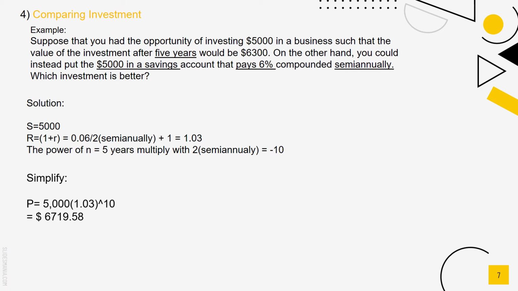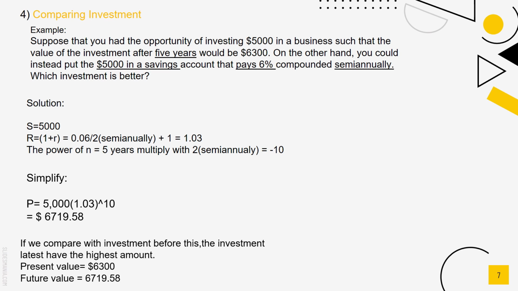After we simplify the equation, we get 6,719.55 for the future value, so that we can compare it with the other value.